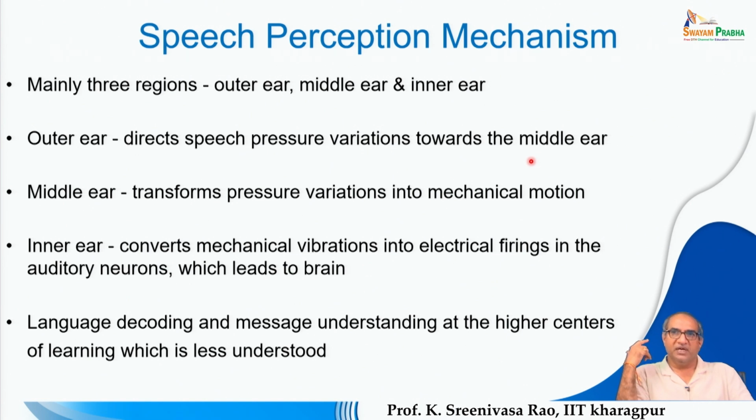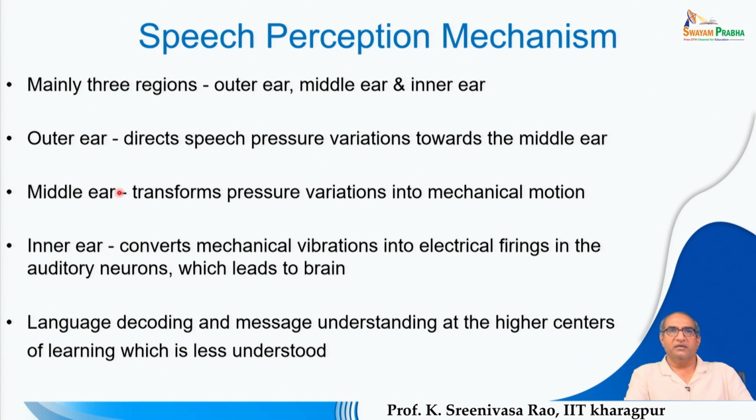With that it can identify from which direction the speech or acoustic vibrations are arriving, and clearly determine it. So the outer ear is very important for measuring the directional characteristics of the source of the sound. For example, if you don't have an outer ear, you may hear, but you cannot make out from which direction the sound is arriving.